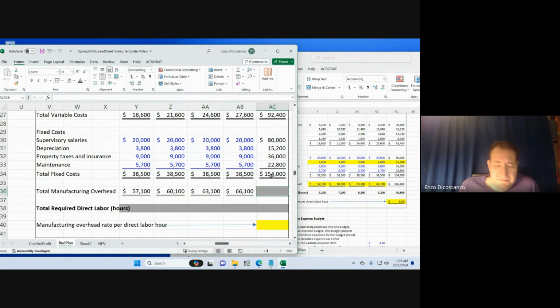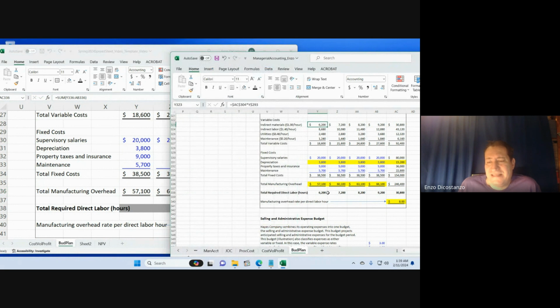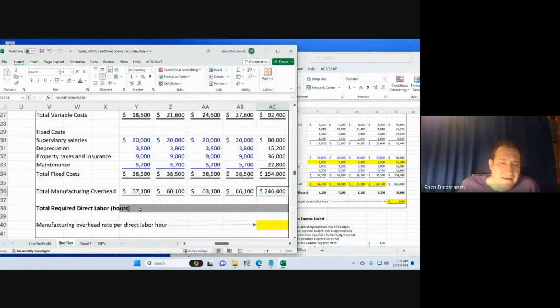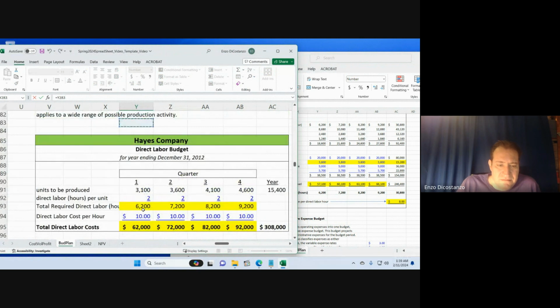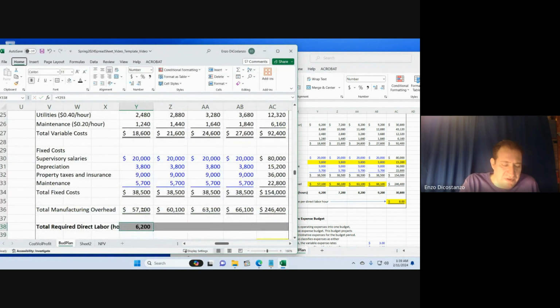And this thing, you can go either way. Right, that's 246,400. This thing, yeah, we refer to this up here. I refer to them, but I'm looking at the way I put this together.